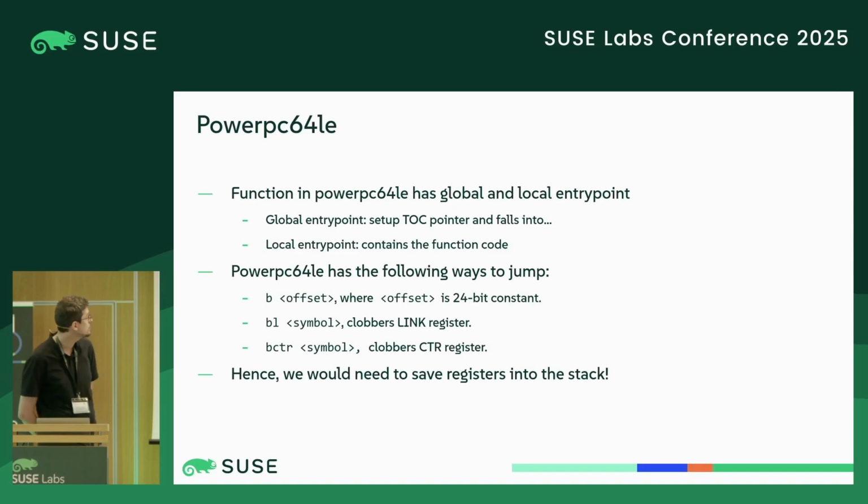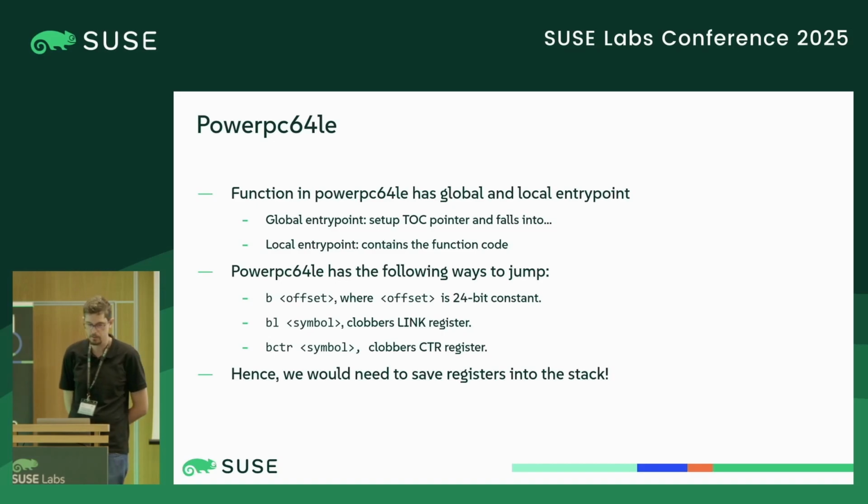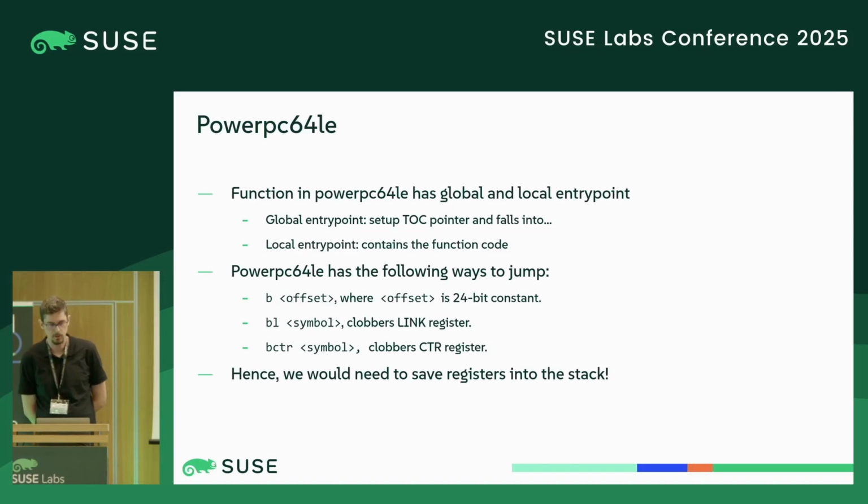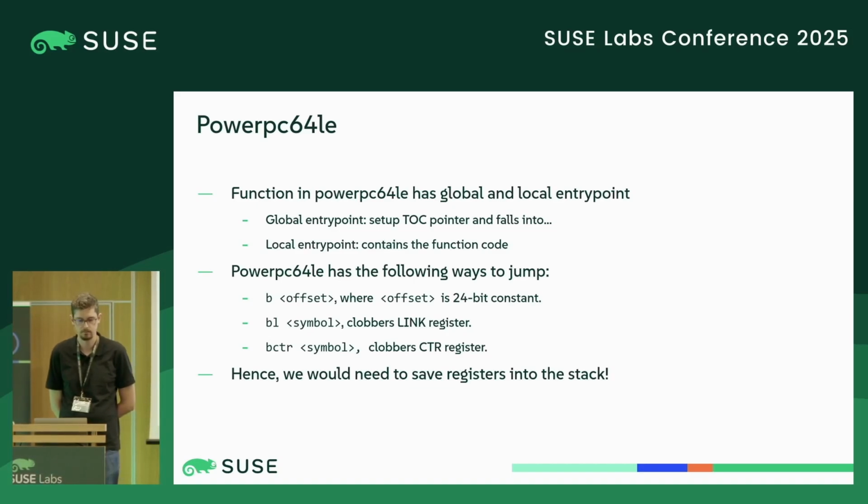There is also the problem that on PowerPC64, functions have 2 entry points: a global entry point and a local entry point. In the global entry point, you set up the table of contents pointer, which is basically a table that shows you how you can access global symbols, global variables, and such. And then it falls into the local entry point. So if you are livepatching a function that only has a local entry point, it should work as well as the global entry point.